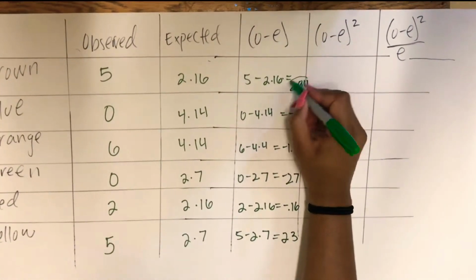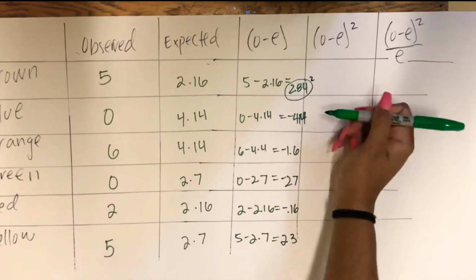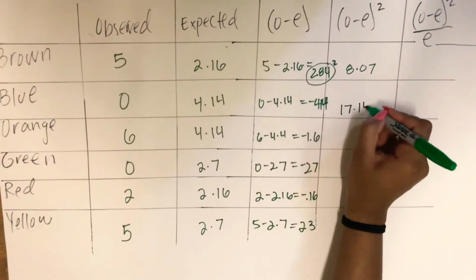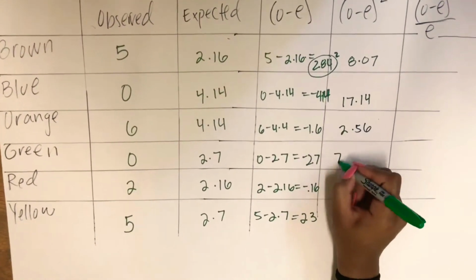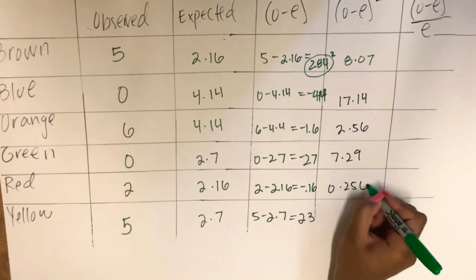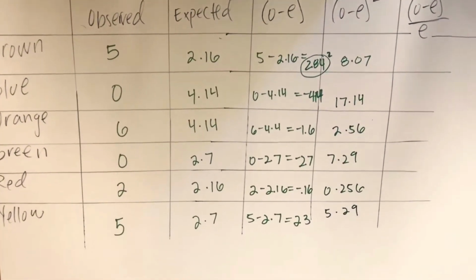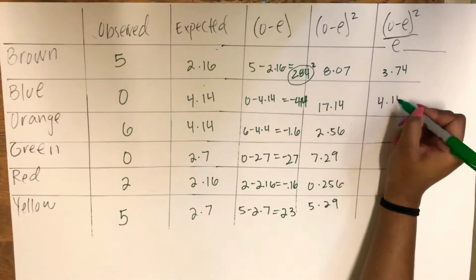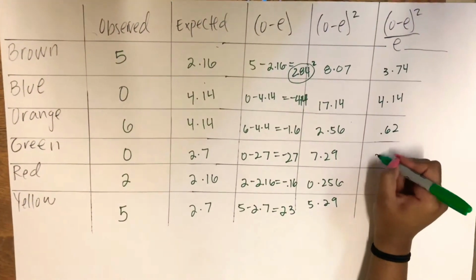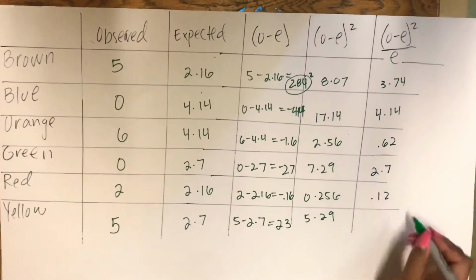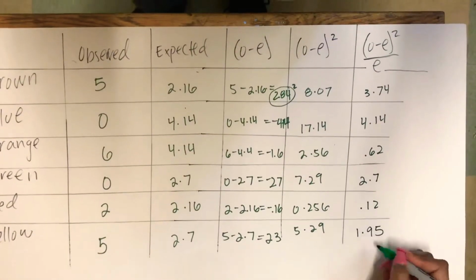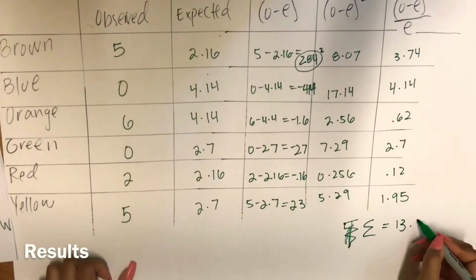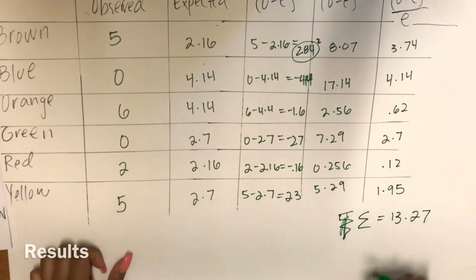So this one, we will take the square. After you square, you want to get your answer and divide it by your expected, and you want to do this for each color. After dividing, you want to add all of your answers up, and that's how you find your chi-squared.